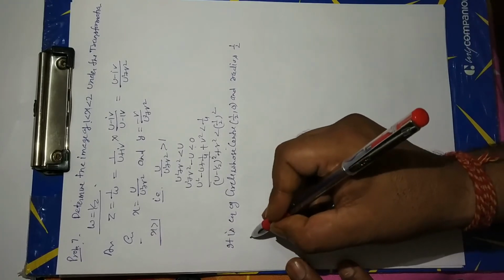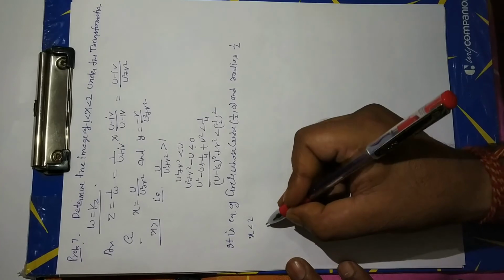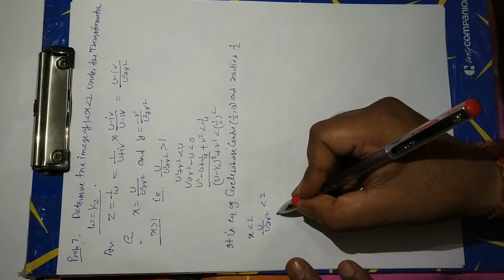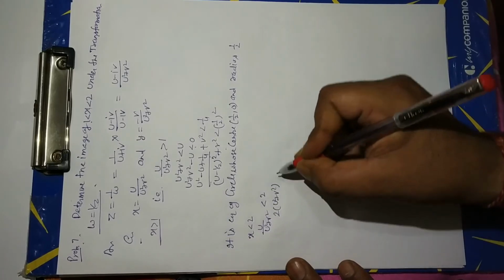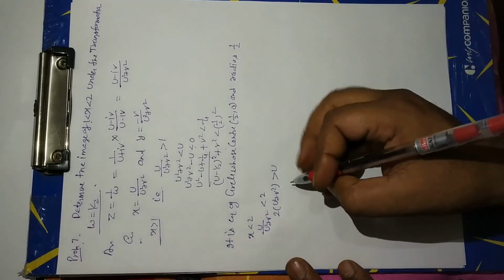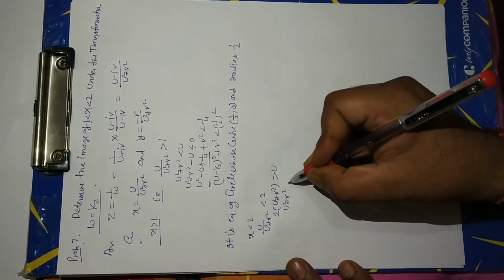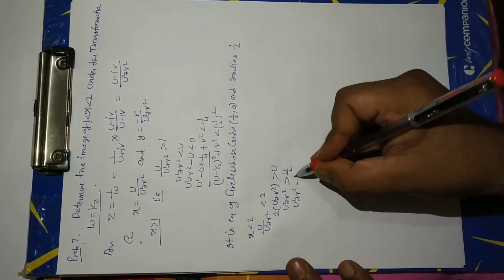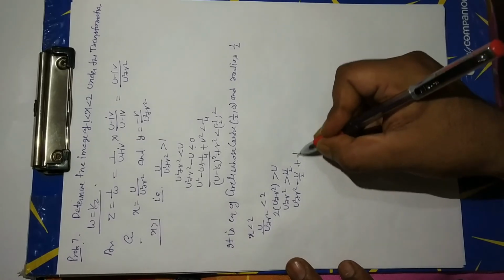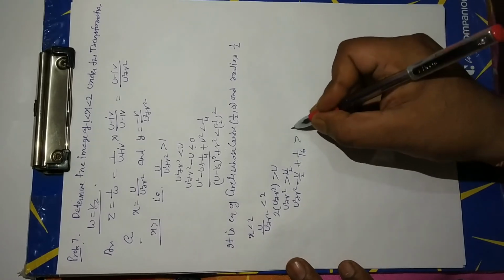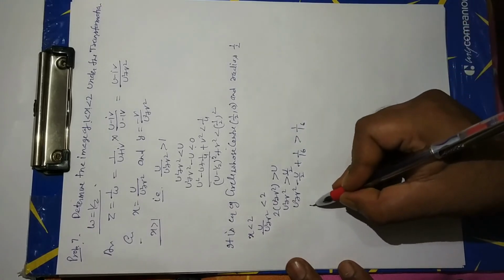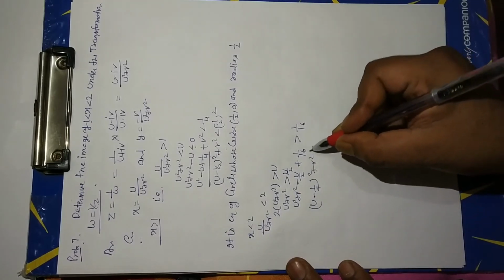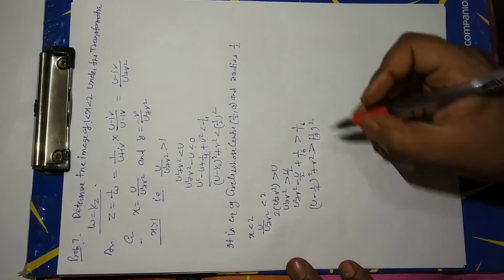Now the second condition, x < 2, therefore u/(u² + v²) < 2, so 2(u² + v²) > u, therefore u² + v² − u/2 > 0. Now adding 1/16 on both sides, we can write (u − 1/4)² + v² > (1/4)².